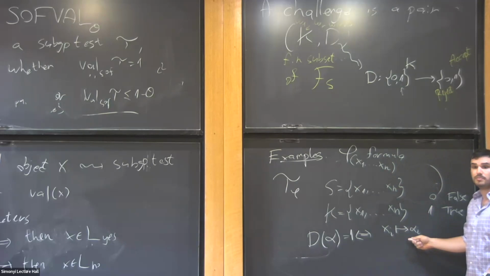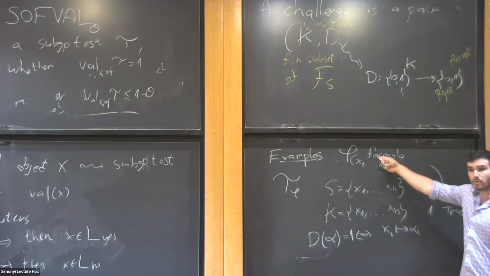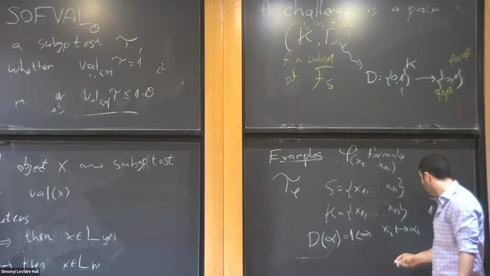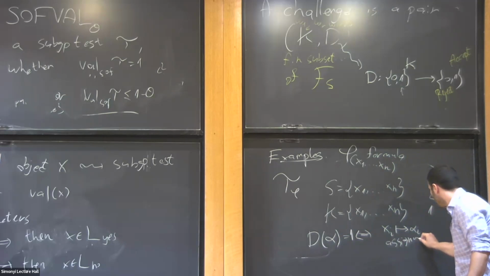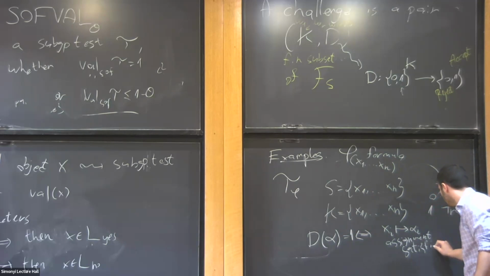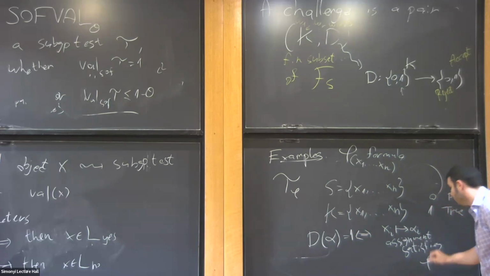Okay, so this describes some assignment to the formula, and this will be 1 exactly when this assignment satisfies phi.